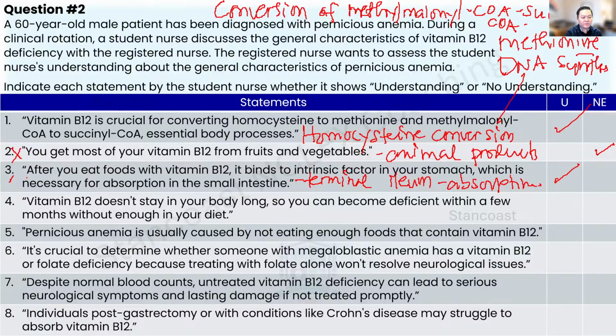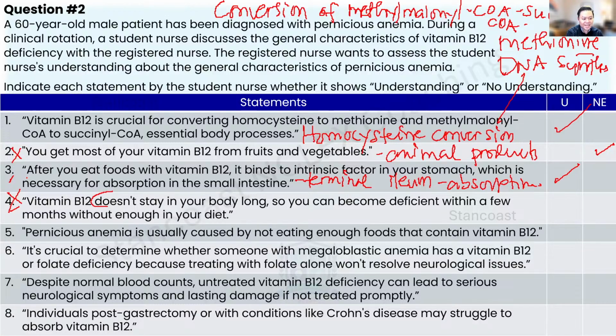Now, what about number 4? Vitamin B12 doesn't stay in your body long. So you can become deficient within a few months without enough in your diet. Remember about that one. Remember that vitamin B12 can actually be stored in the liver. So this is going to be incorrect.